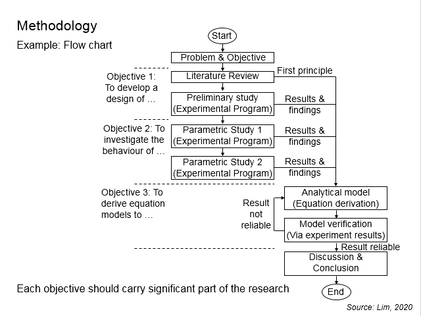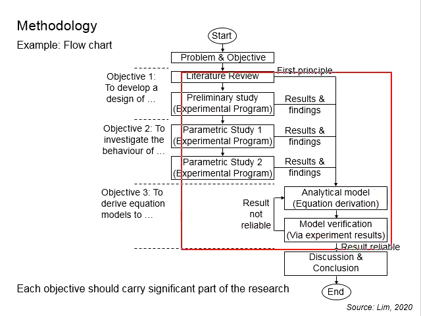If the majority of the specimens, let's say 80%, have predicted results within plus or minus 10% as compared to the parametric studies, you know that your analytical model is more or less reliable. And this is the third objective that you would like to achieve, which is to derive equation models to predict a certain response of the design.